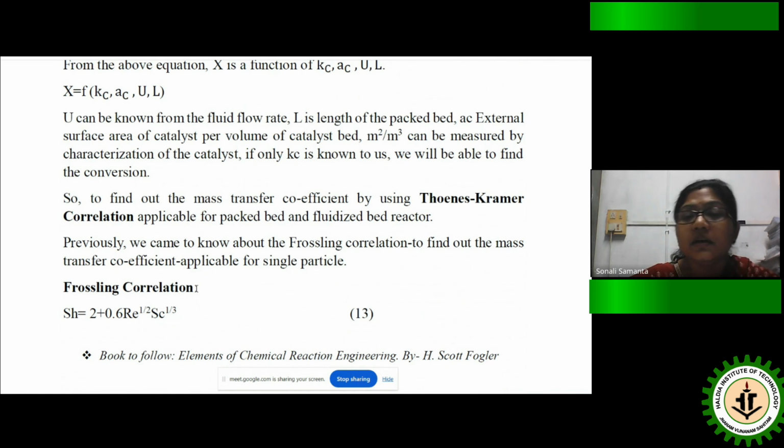But when you are talking about the packed bed reactor, it is full of several particles. In that case, we have to modify this Frossling correlation so that we consider the bed velocity and the shape factor of the particle, so that we can get the mass transfer coefficient.